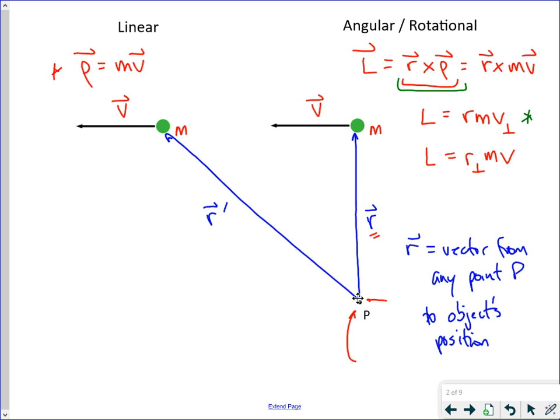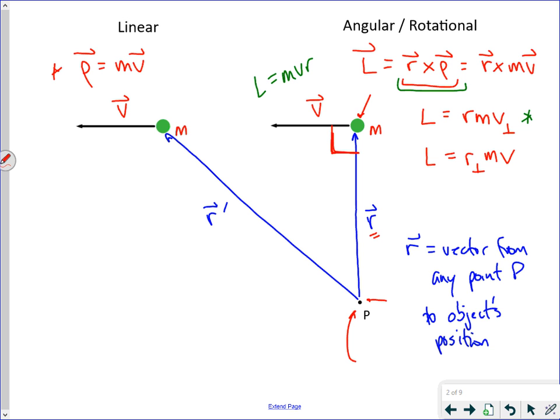If we want to look at this object's angular momentum now, initially, when the object is here, it's r m v perpendicular, which is just m v r when these are perpendicular. That's a right angle. So right now this object has an angular momentum m v r.